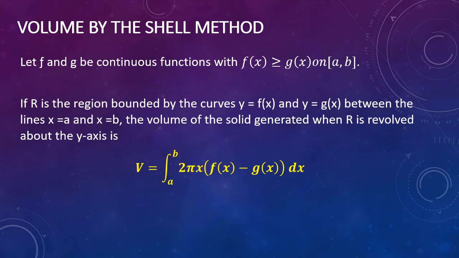So if we go with a general formula, what we have for the volume by the shell method: let f and g be continuous functions, with f of x greater than or equal to g of x on the closed interval [a, b], and if R is the region bounded by the curves y equals f of x and y equals g of x between the lines x equals a and x equals b, then the volume of the solid generated when R is revolved around the y-axis is volume equals the integral from a to b of 2 pi x times the difference between f of x and g of x dx.